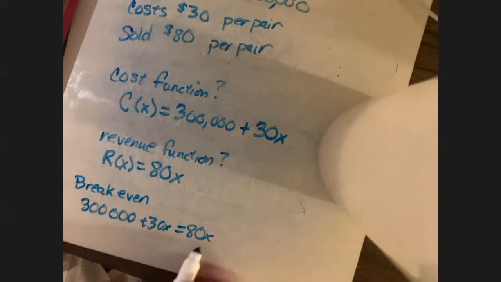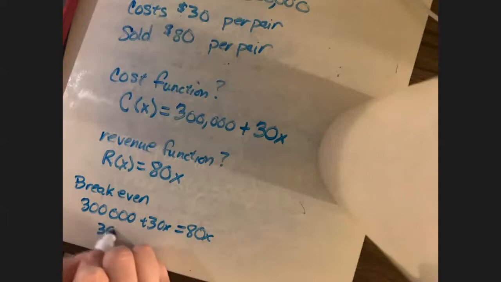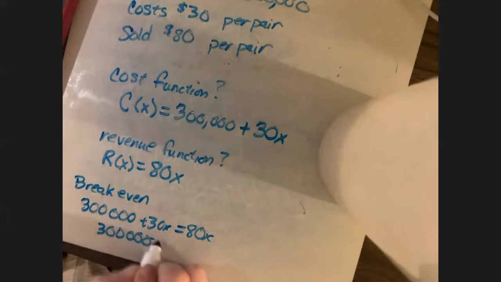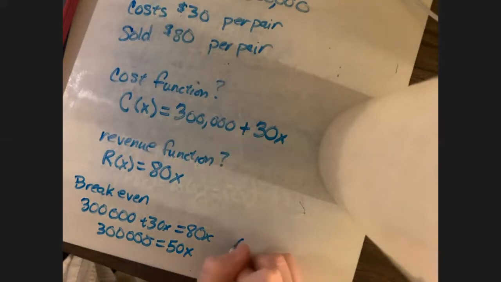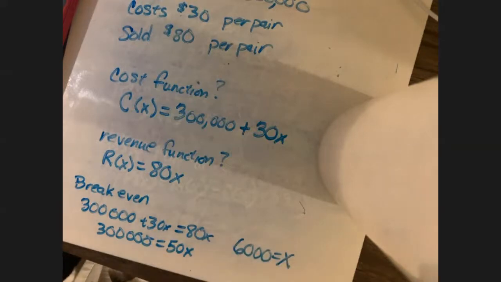I'm going to subtract my 30x back over to the other side. That's going to give me 50x. And then divide by 50. Gives me 6,000.